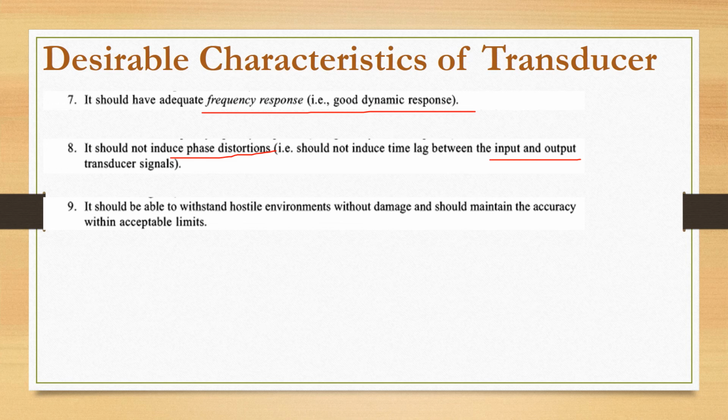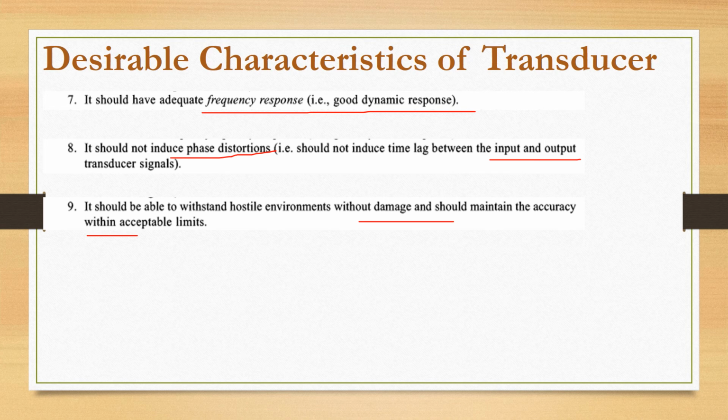The next desirable characteristic is this: it should be able to withstand hostile environments without damage, and it should maintain the accuracy. Especially in Indian conditions, we have extreme weather, extreme summers, extreme winters.